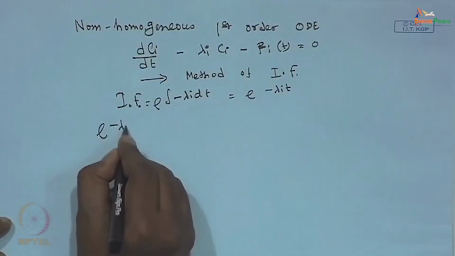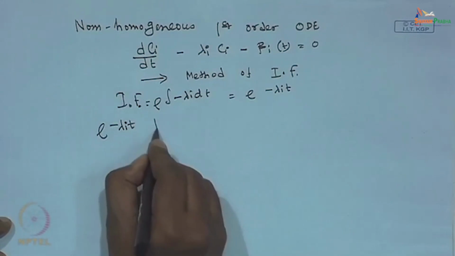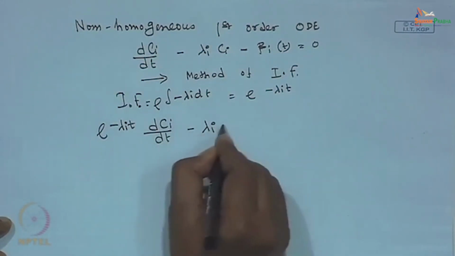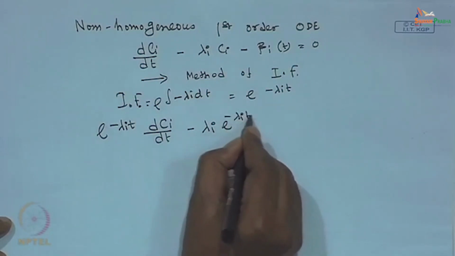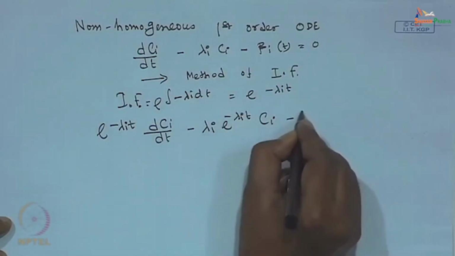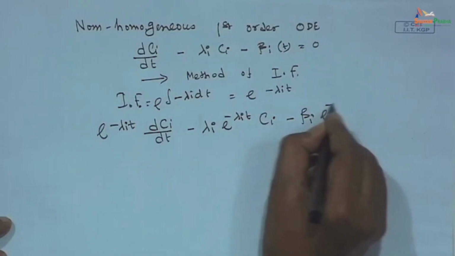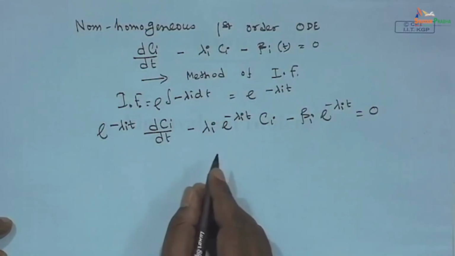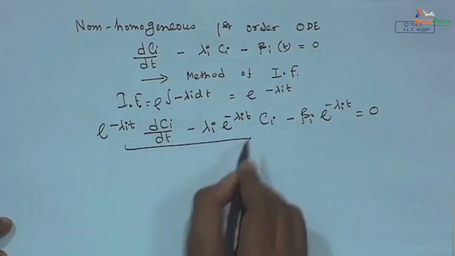So, this becomes e to the power minus lambda_i t dc_i/dt minus lambda_i e to the power minus lambda_i t c_i minus beta_i e to the power minus lambda_i t is equal to 0. So, we can combine these two parts.